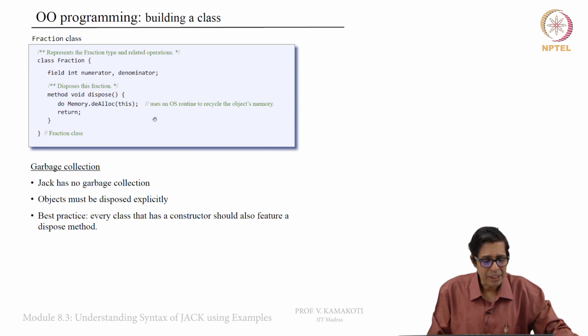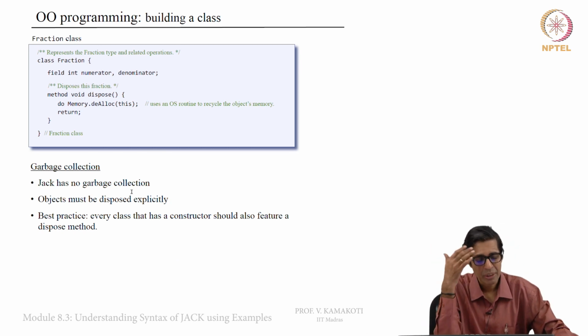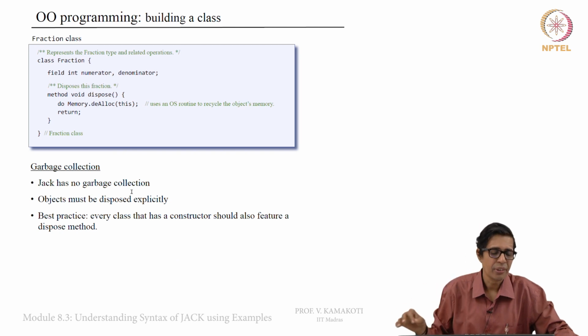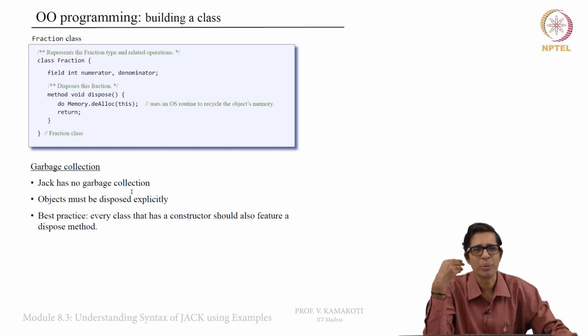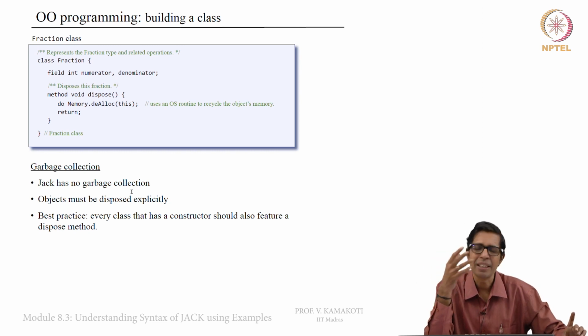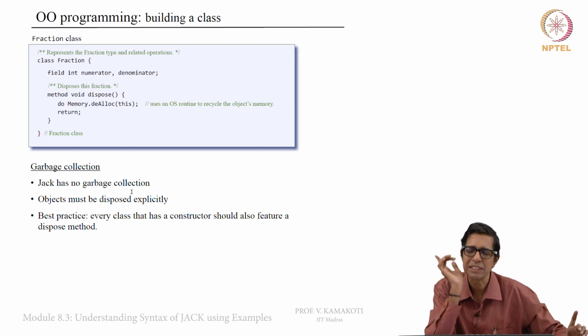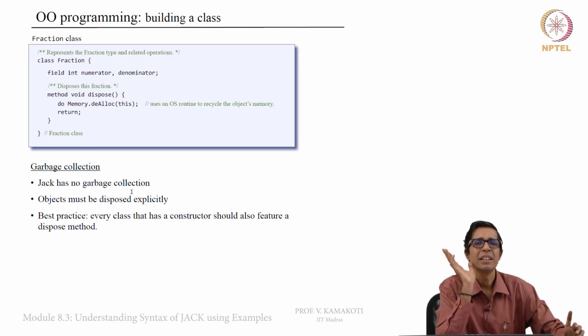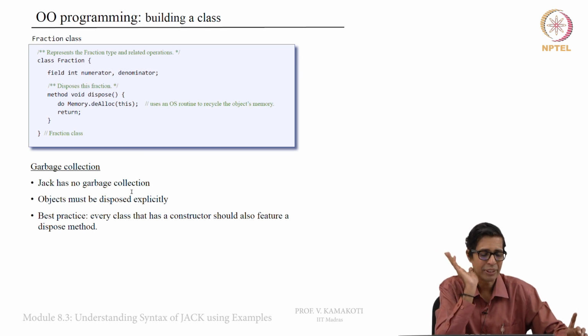Okay. And very importantly, Jack has no garbage collection. So, we are responsible for actually releasing whatever we do not need. So, if I use a fraction and I do not need it, one programming practice that we need to follow rigorously, whether there is garbage collection by the programming language or not, is whenever we do not need something, immediately free it, and that is very, very important.